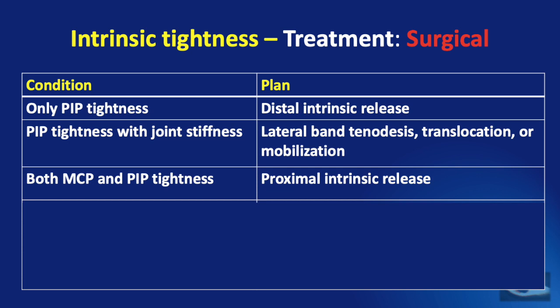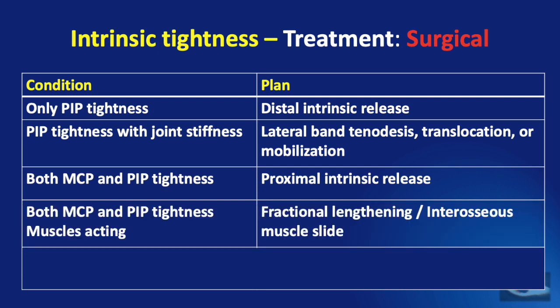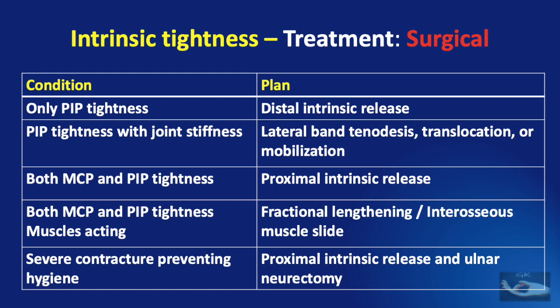If there is tightness of both metacarpophalangeal and proximal interphalangeal joints, proximal intrinsic release should be done. When both the metacarpophalangeal and proximal interphalangeal joints are tight, but the muscles are acting, fractional lengthening or interosseous muscle slide procedures can be done. If there is a severe contracture preventing hygiene, a proximal intrinsic release along with ulnar neurectomy is indicated.